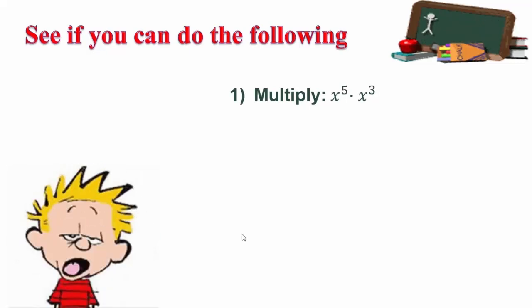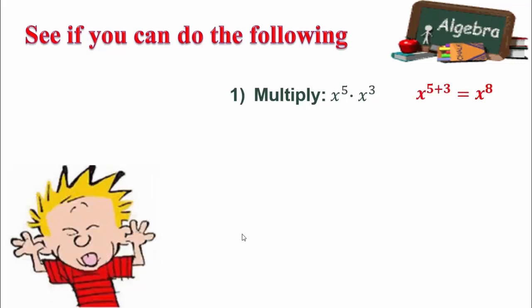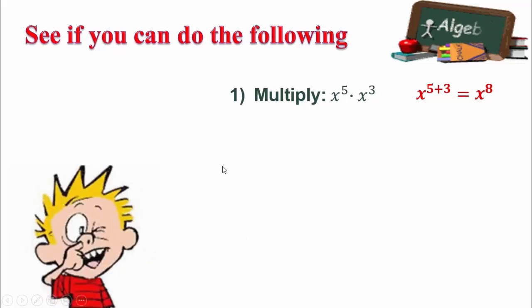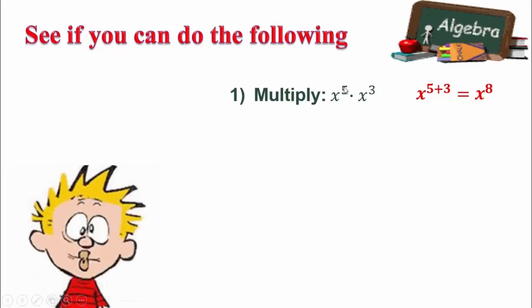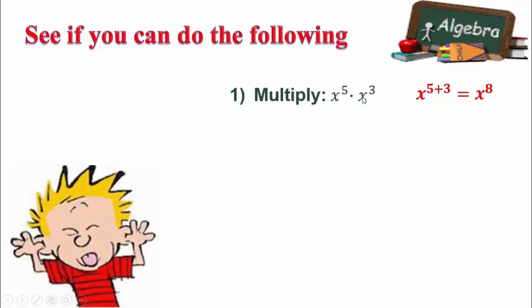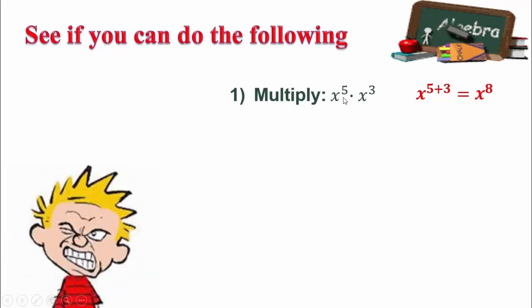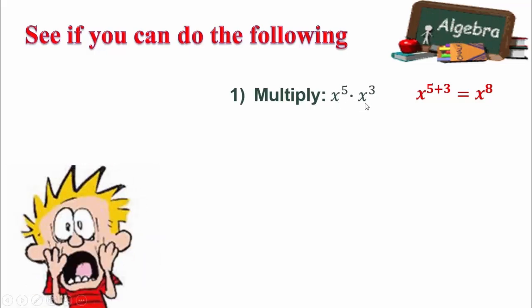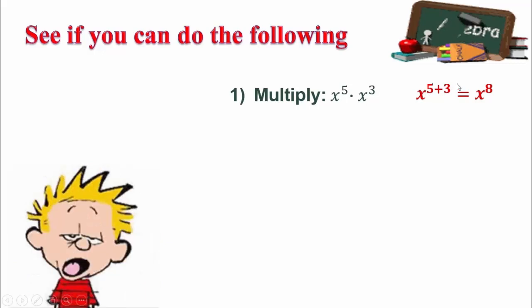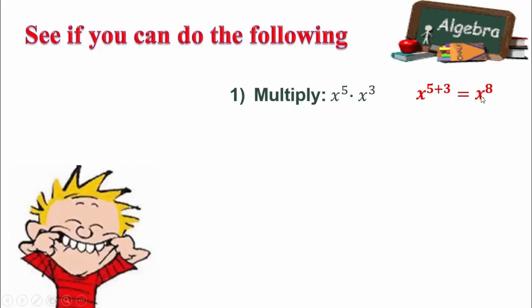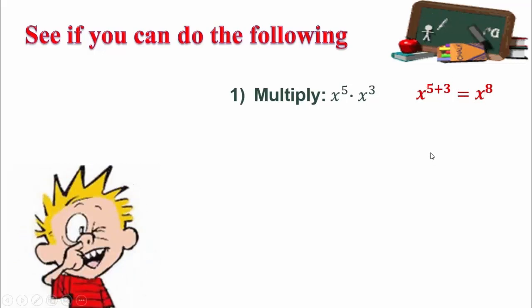Let's see how we can do this. In this case, we multiply, and if you've learned it before, you know that when you multiply exponents, you add up the exponents, and that will give you x to the eighth.